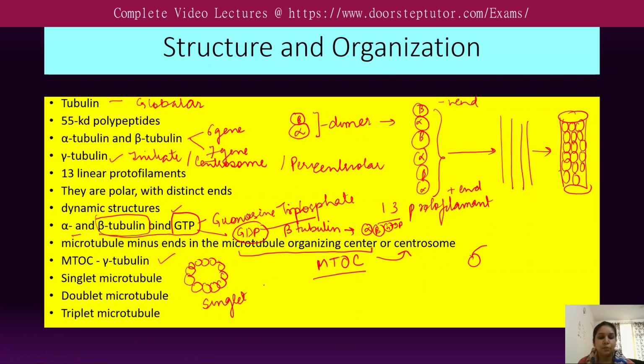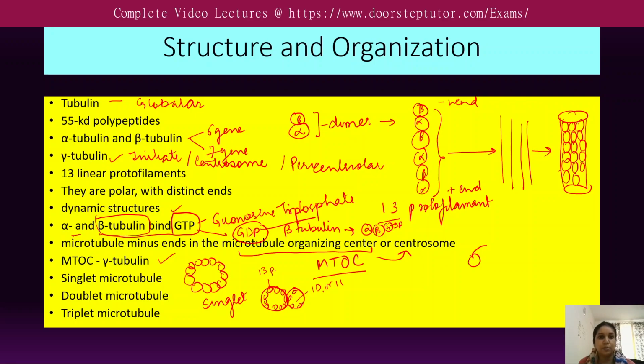Now, a doublet microtubule means two rings of microtubules are fused together. The first one may contain the complete protofilaments, it could be 13 protofilaments, and the second ring may consist of 10 or 11 protofilaments, and these two are fused together. So, this is the doublet microtubule representation.